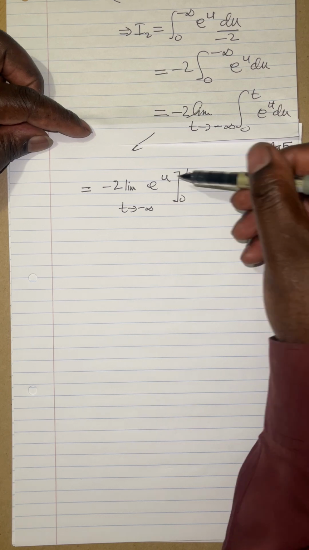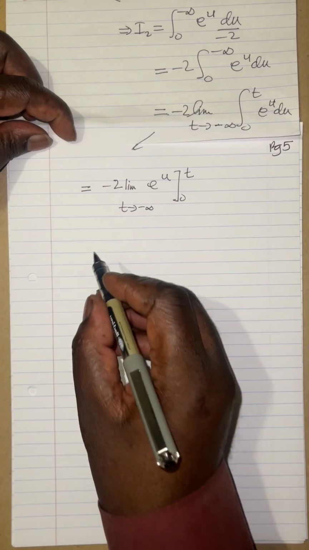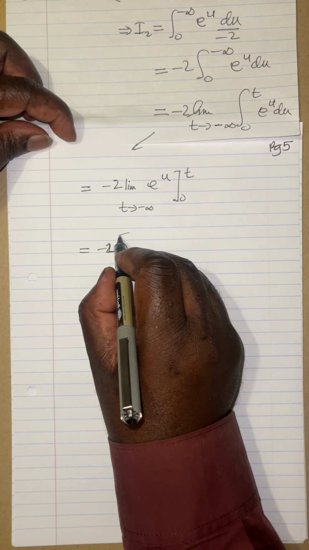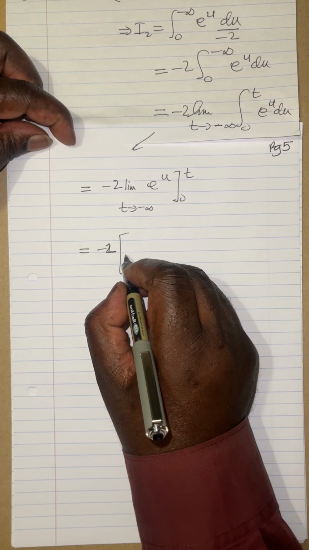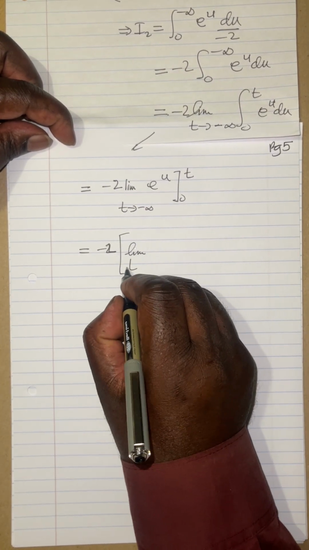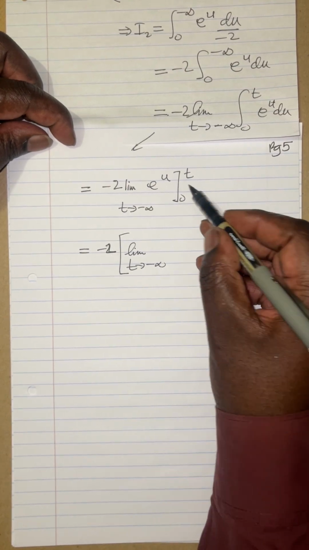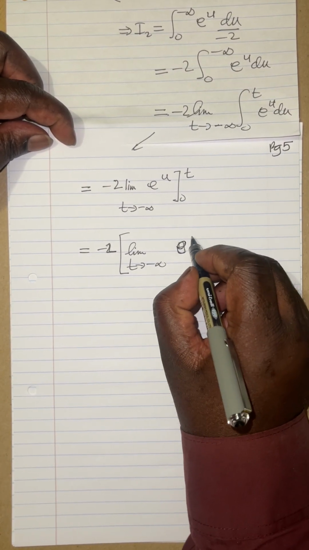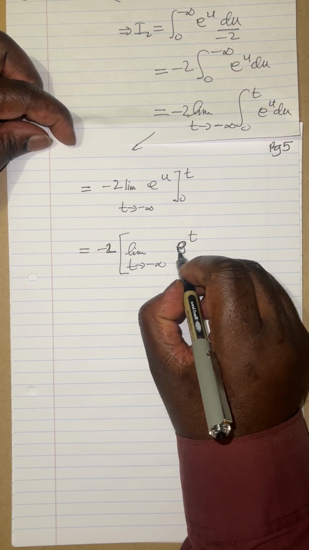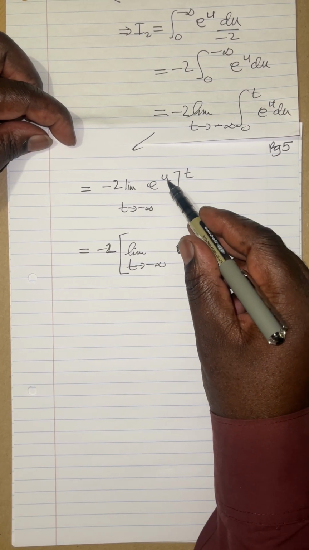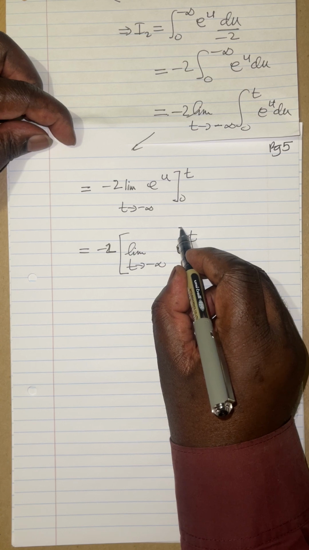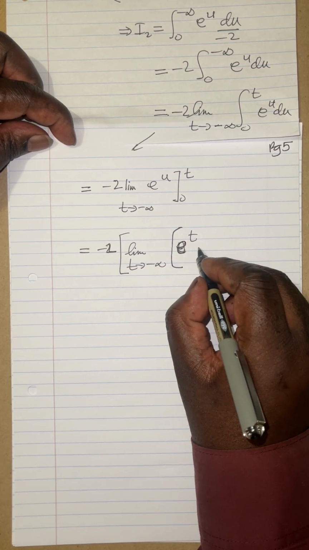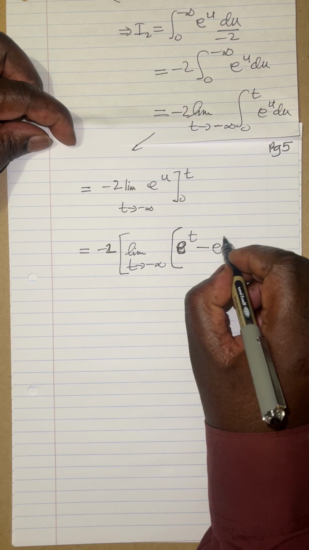Now let's put in the limit. I'm going to take the constant out, and we're saying the limit as t approaches minus infinity of e to the power t, and then substitute 0 there. If you allow me to use another bracket here, put 0 now there, obviously we're subtracting e to the power 0.